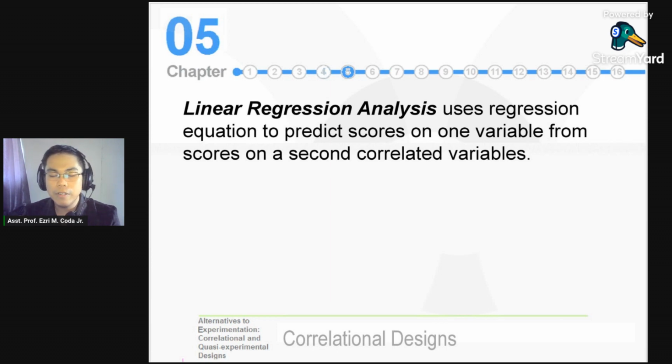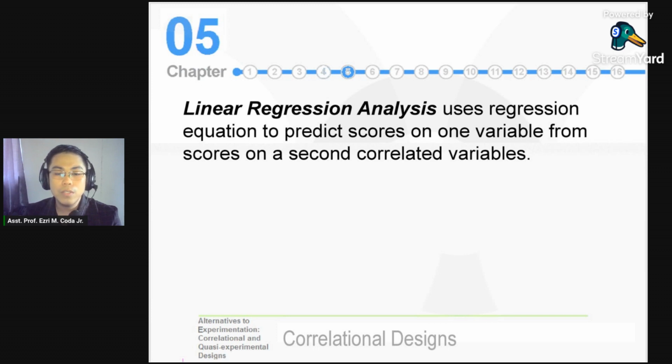Now, if you already have a result for these variables, for example, you're trying to know the relationship of academic performance, which is a very overused research title, and the socioeconomic status of your students. For example, you're trying to correlate that. If your study has a positive and strong correlation, it means that you can use linear regression analysis.